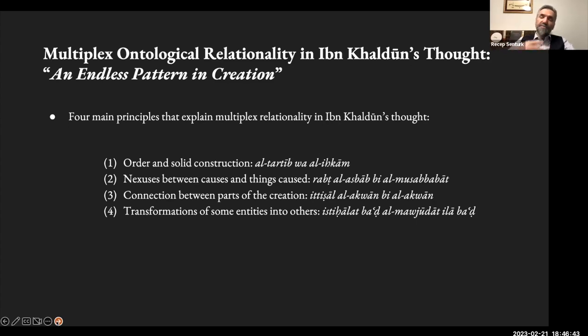So transformation, change. So the social world is characterized by order and construction, cause and effect relations, interconnection of different parts of it, and also transformation and change.